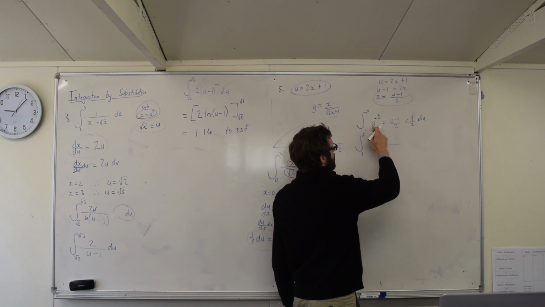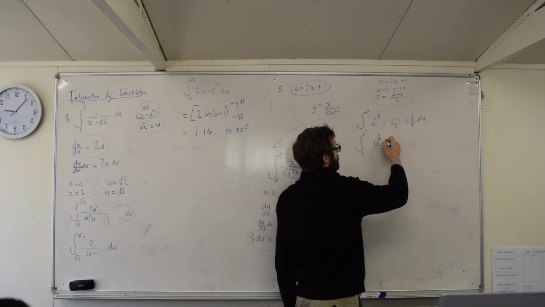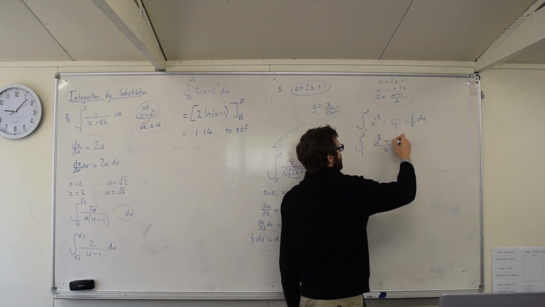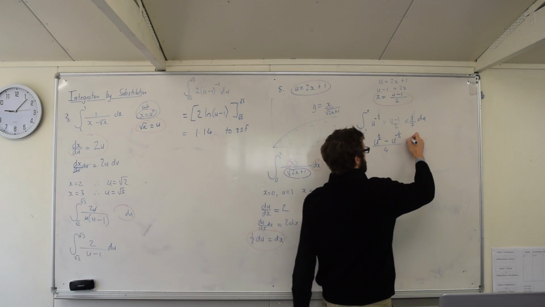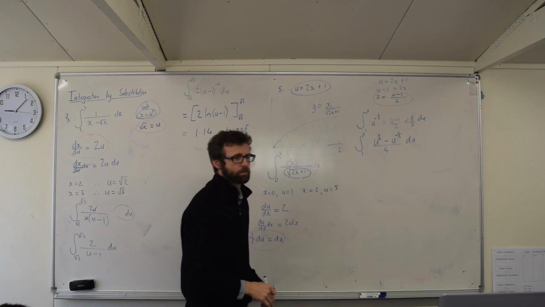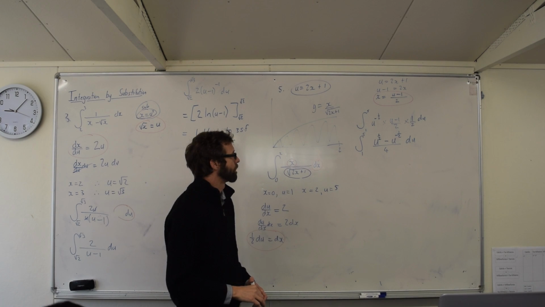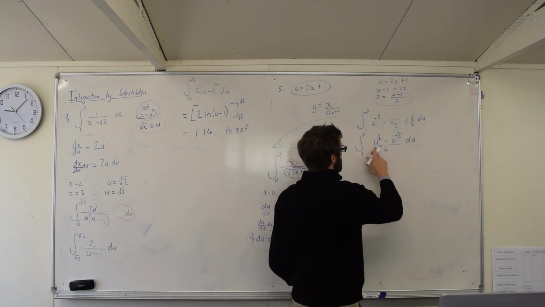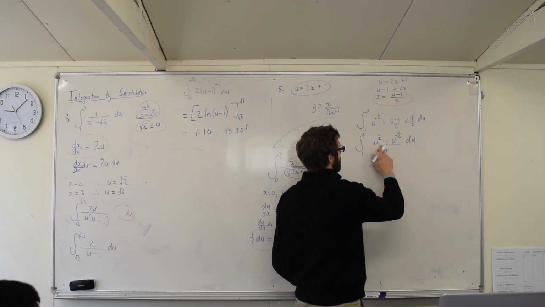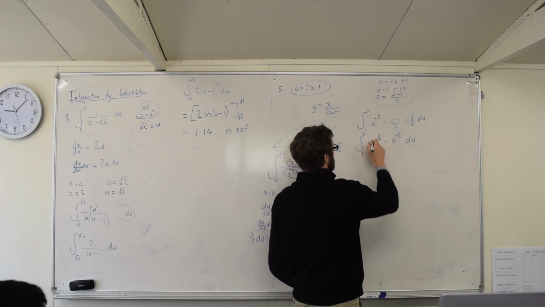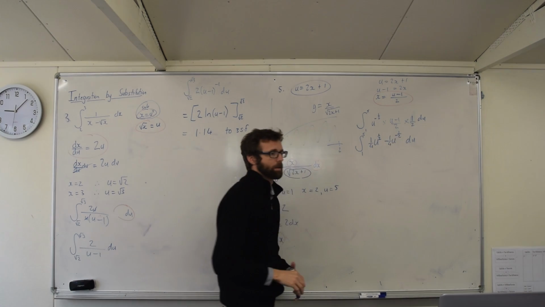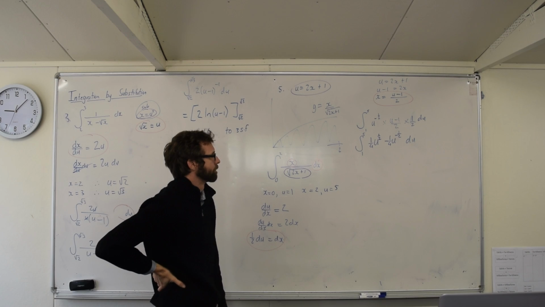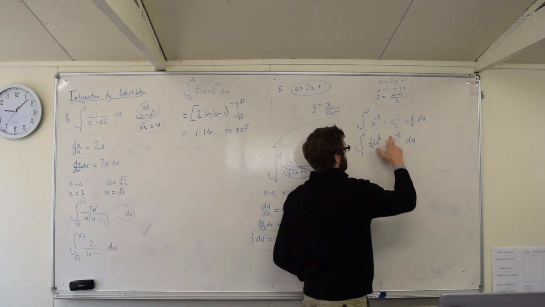And then u to the power of minus 1/2 times minus 1, which is minus u to the minus 1/2 du. And for the purposes of what we're doing, it is probably better to write it like this. Maybe I'll just move this over a bit.